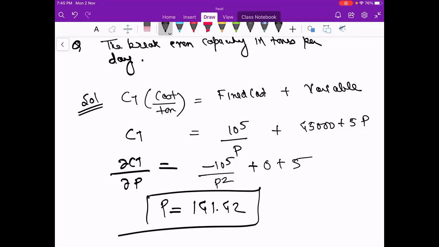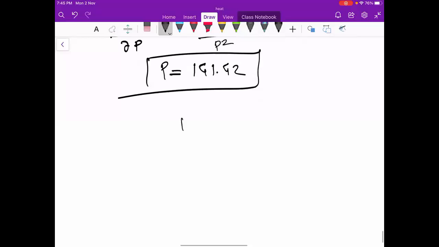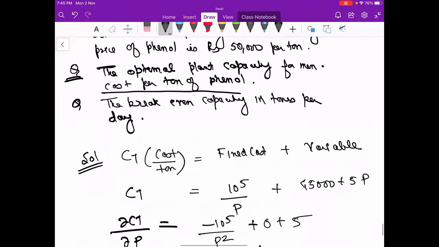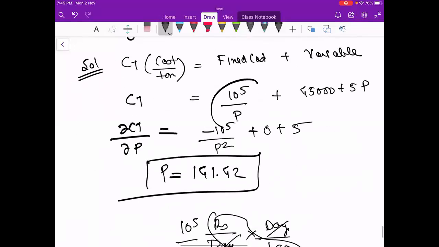See, what is 10 to the power 5? The unit is given as rupees per day. And what is the unit of P? Tons per day. So it will be day by ton, the day will cancel, and that is why we get rupees per ton, cost per ton, and we want the final answer in cost per ton. We have to maintain the consistency of units.